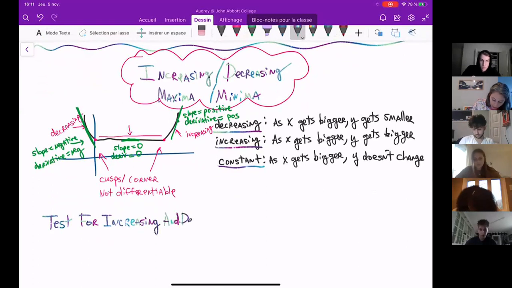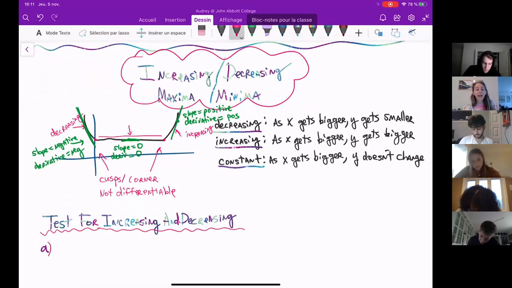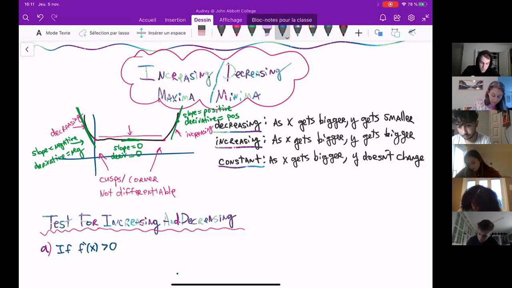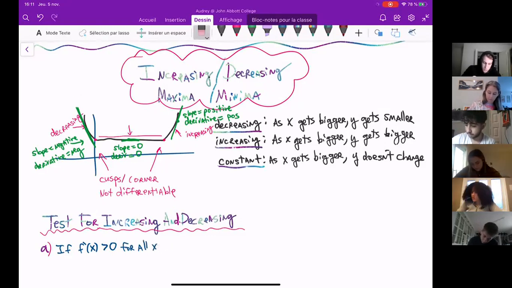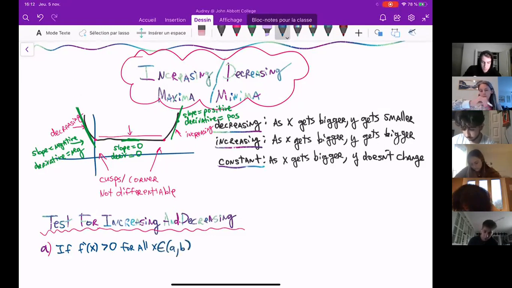So we're just going to summarize in words what we said right there. The test for increasing and decreasing tells me 3 things. First, if f prime is positive on some interval, so if the derivative is positive, we saw that that was the place where our function was increasing, then f of x is increasing.